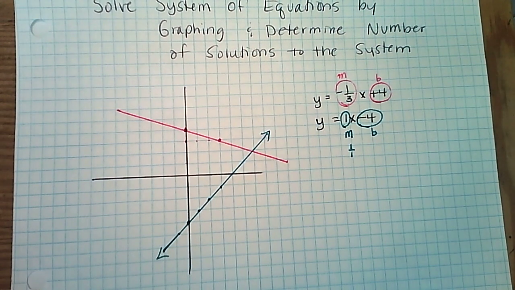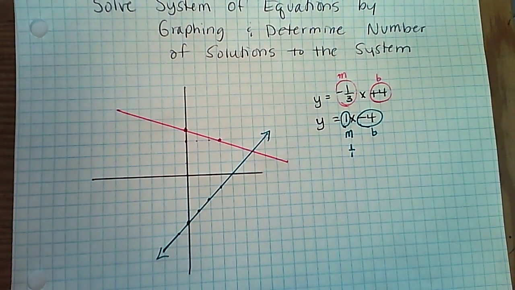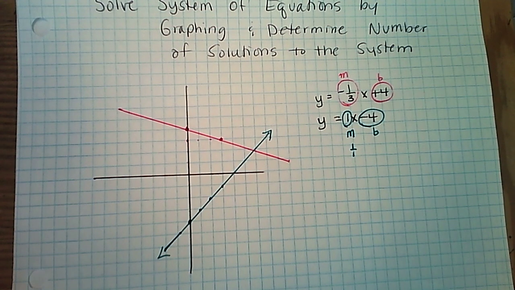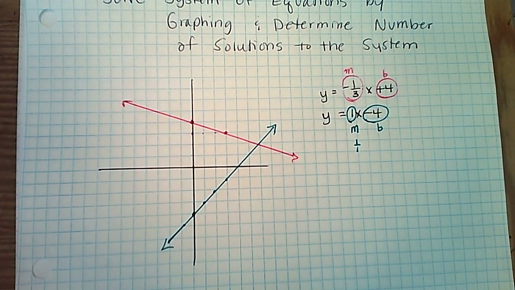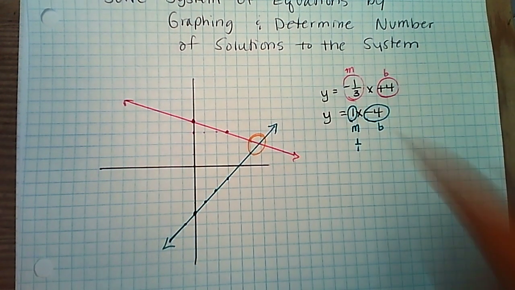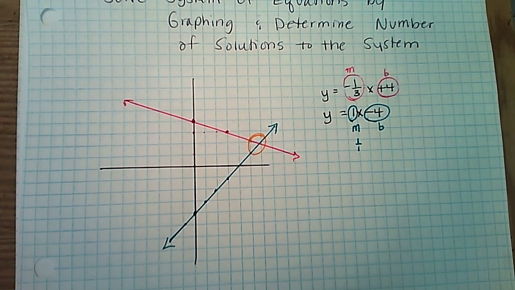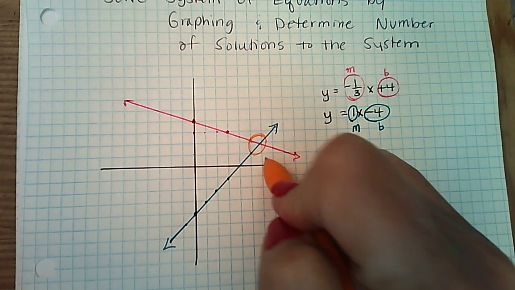And then I see when I graph these two lines that right here, where I'm looking, they cross at this point. The point they cross at, that is my solution.